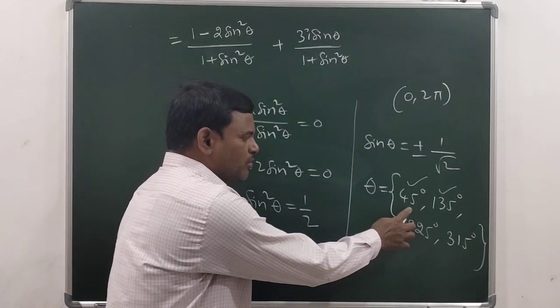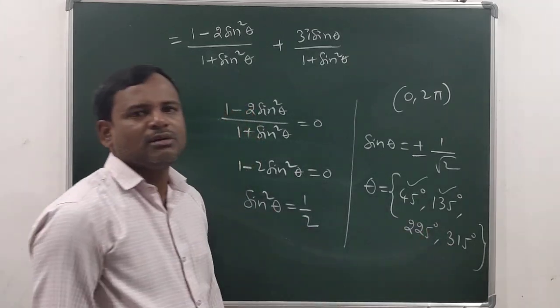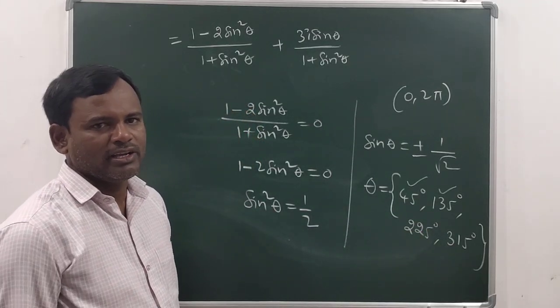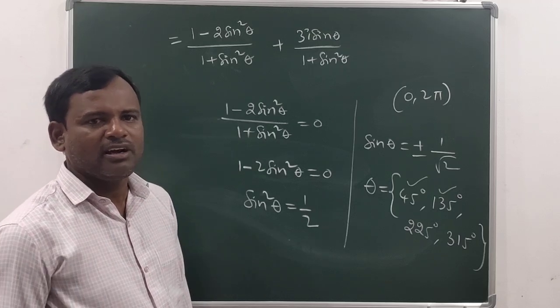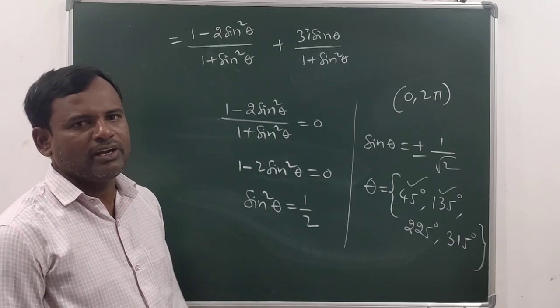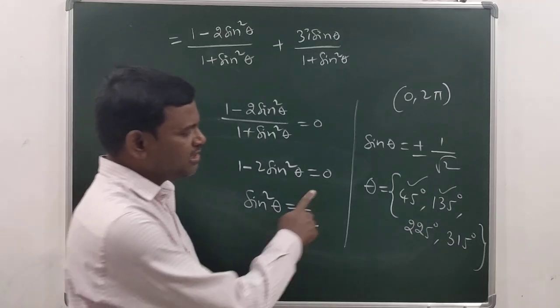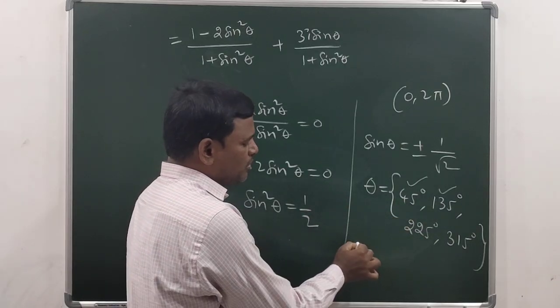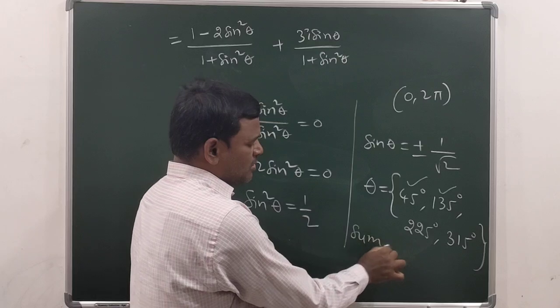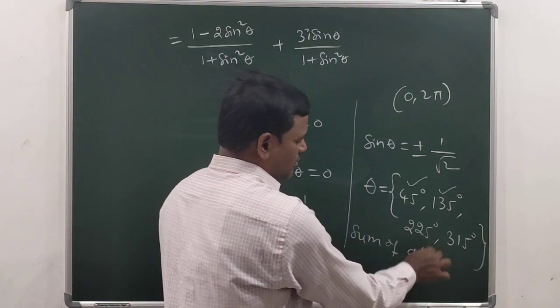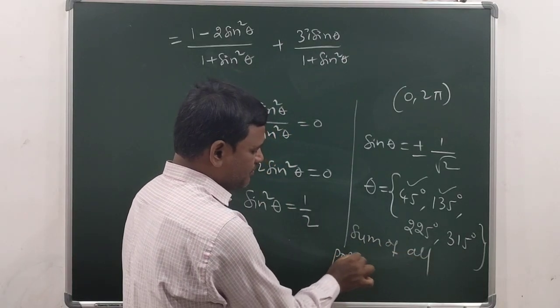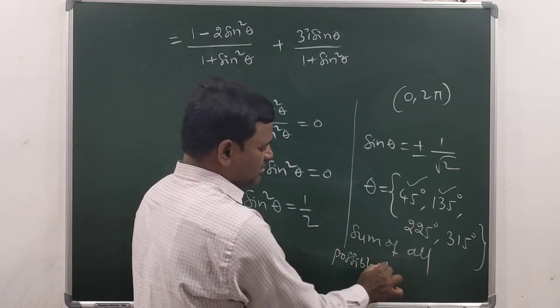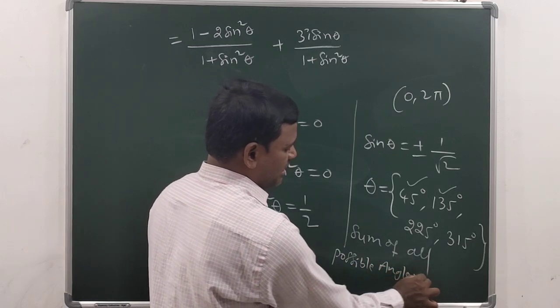Now we have to get the sum of these four angles. That is our required answer, which we have to find in this problem. If you add all of them, the sum of all possible angles is equal to 720 degrees.